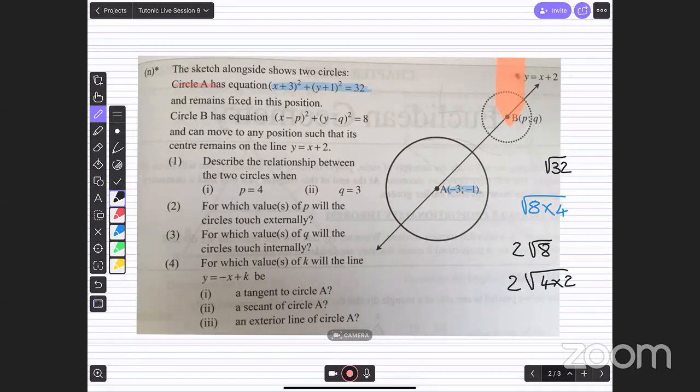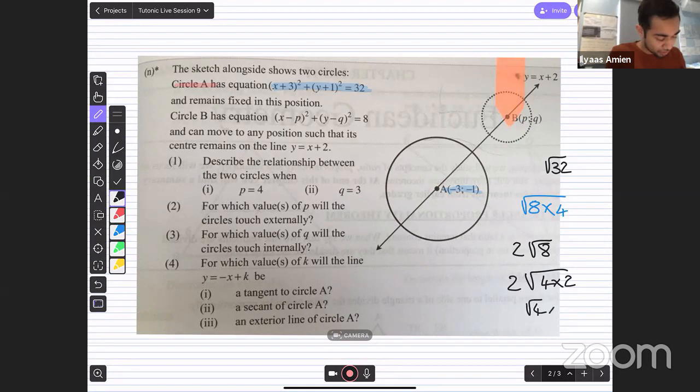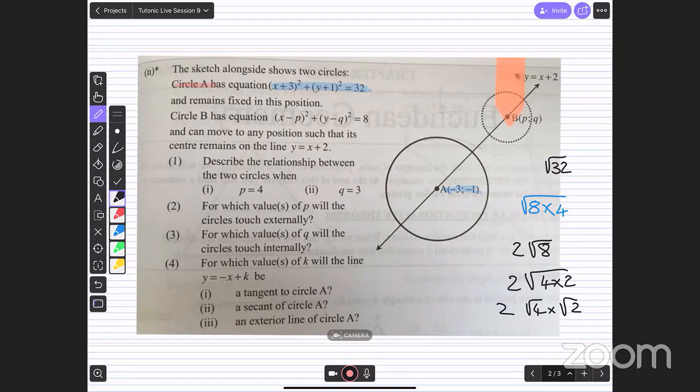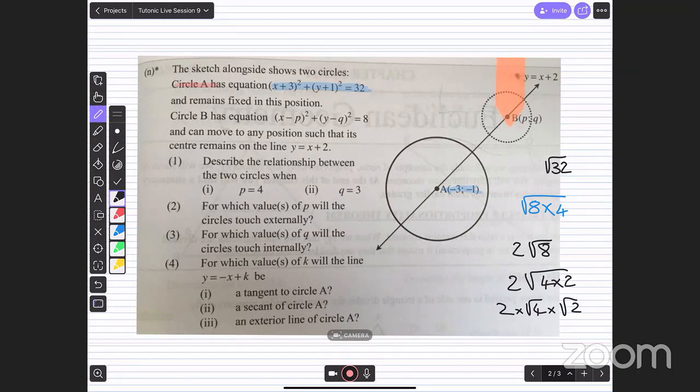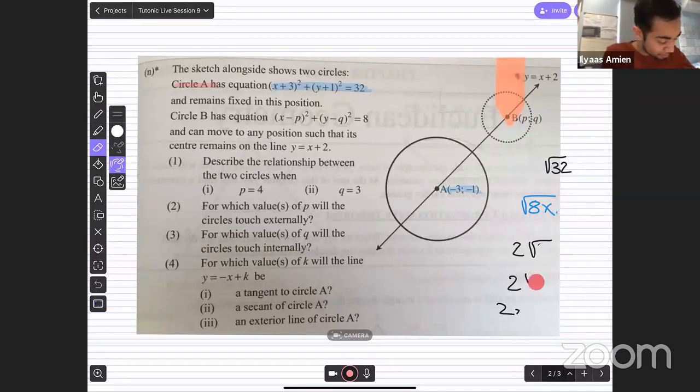Okay. So this is √4 times √2 times 2. So this is 2 times 2 times √2, which is 4√2. Wait, how can it be √4? √4 is 2. So it's 2 times 2, which is 4 times √2. Now you can easily put this onto your calculators, but I also want you to understand, because you never know.